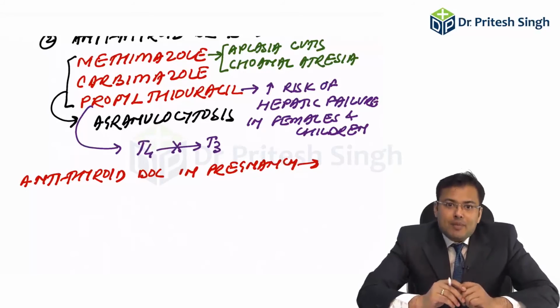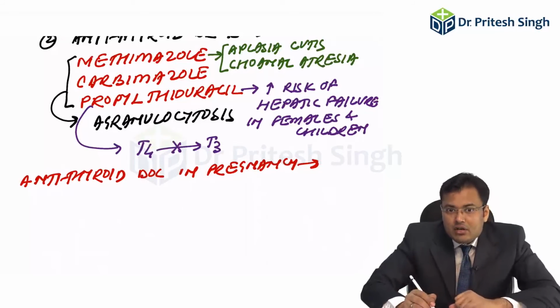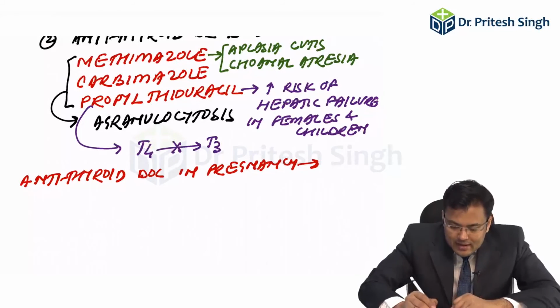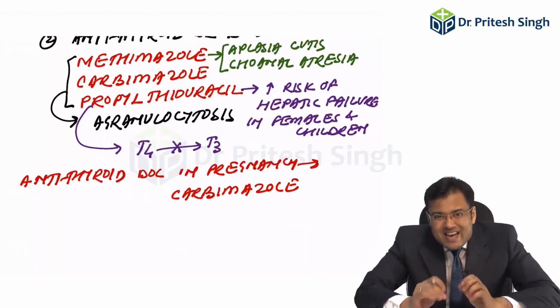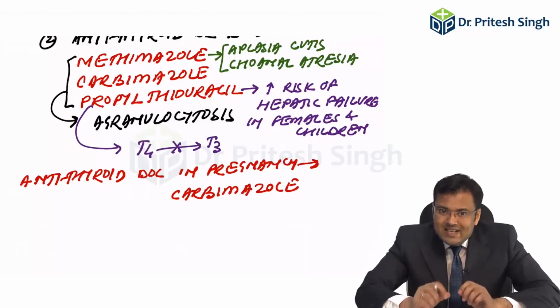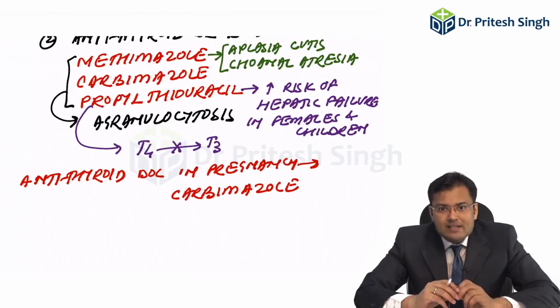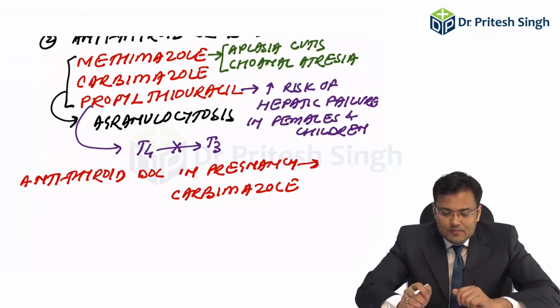You cannot give propylthiouracil because it increases the risk of hepatic failure. So what is the antithyroid drug of choice in pregnancy? It is carbimazole. Let me tell you, in some books it is not updated yet. In some books, it's still given propylthiouracil, which is wrong. The correct answer is carbimazole.